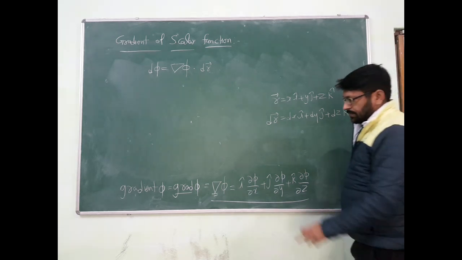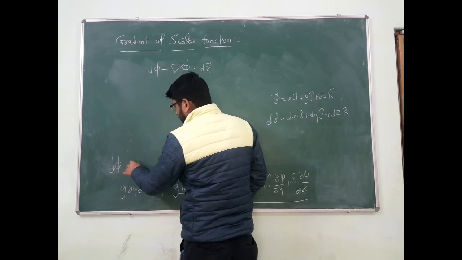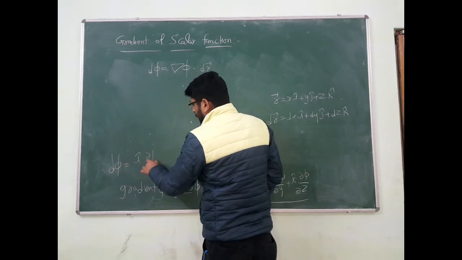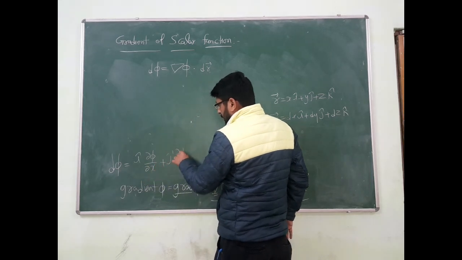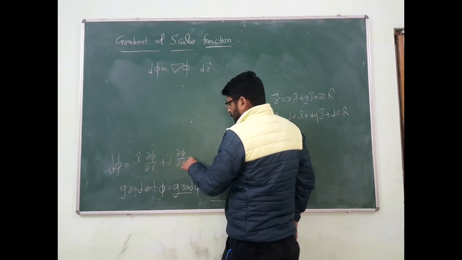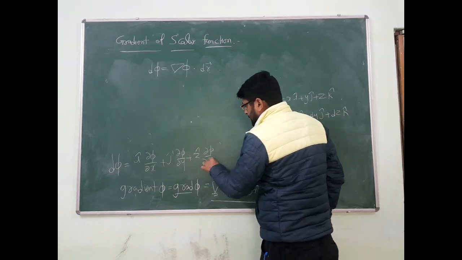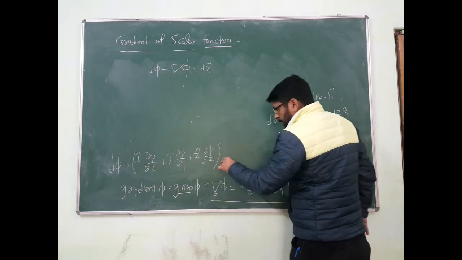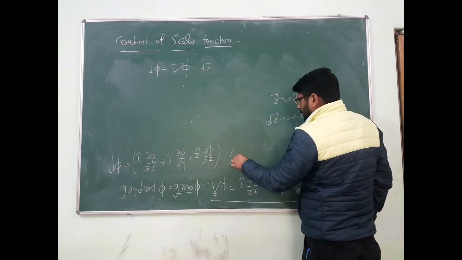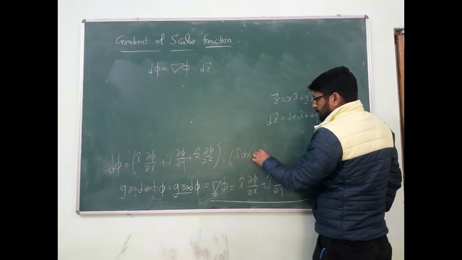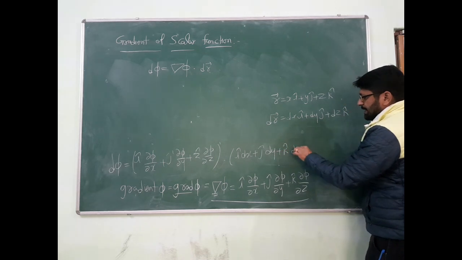Here, when we wrote d phi, it was i cap curly phi over curly x, plus j cap curly phi over curly y, plus k cap curly phi over curly z, dot product with i cap dx, j cap dy and k cap dz.